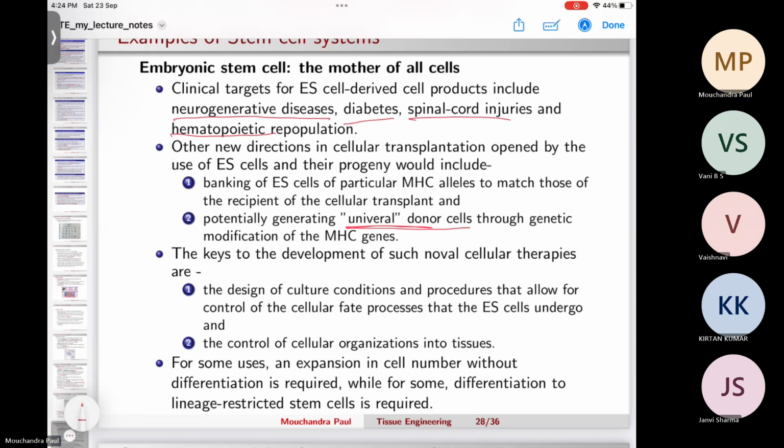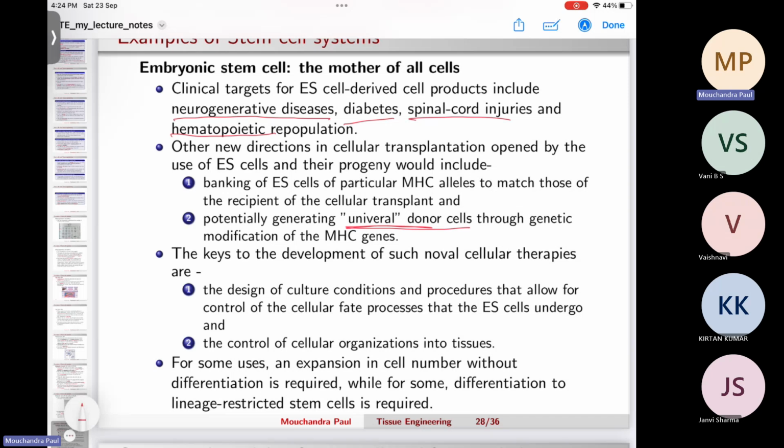Okay. The keys to the development of such novel cellular therapies are the design of culture conditions and procedures that allow for control of the cellular fate processes that ES cells undergo, and control of cellular organization into tissues.